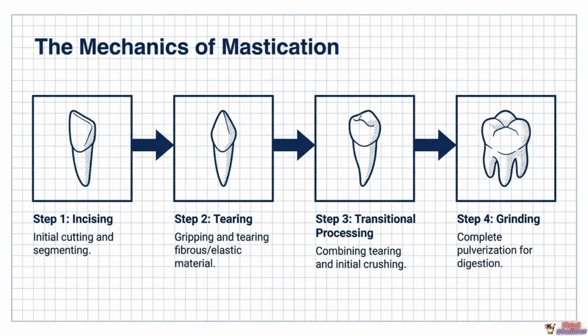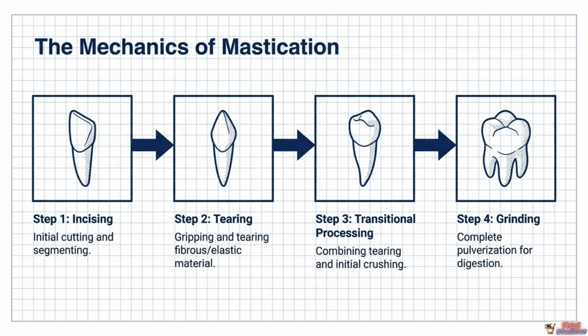Now let's connect tooth shape to function through the actual chewing sequence, mastication, which unfolds in 4 distinct mechanical steps. Step 1 is incising, the initial cutting and segmenting of food performed by the incisors as food first enters the mouth. Step 2 is tearing, gripping and tearing fibrous or elastic material, a job suited to the pointed, anchored canines.